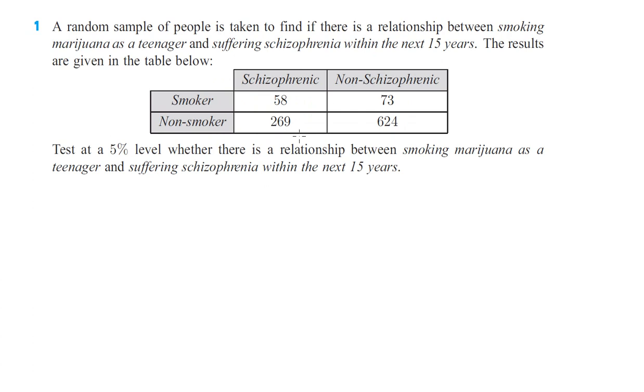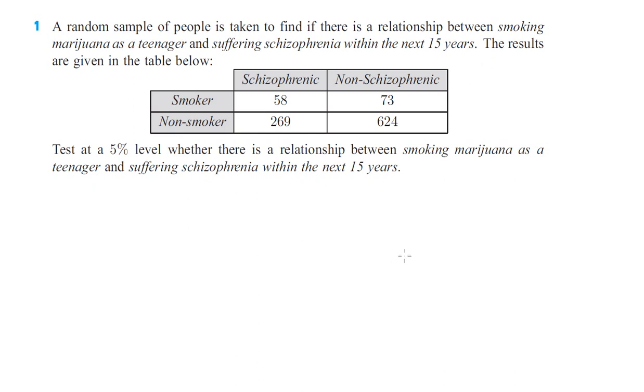All right. Number 1 from 18D2. A random sample of people is taken to find if there's a relationship between smoking marijuana as a teenager and suffering schizophrenia within the next 15 years. The results are given in the table below. Okay, test at a 5% level whether there's a relationship between smoking marijuana as a teenager and suffering schizophrenia within the next 15 years.